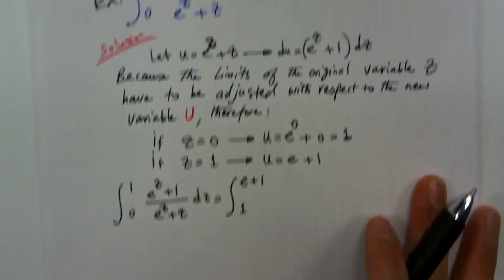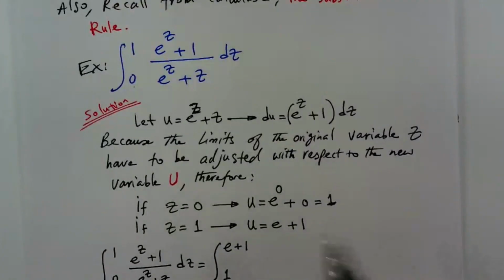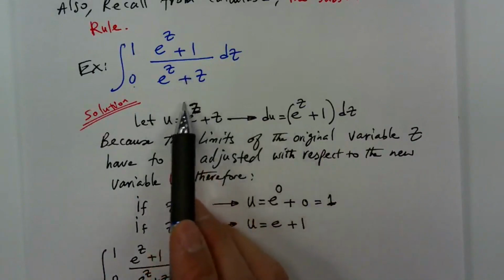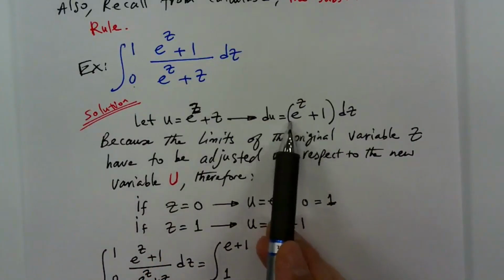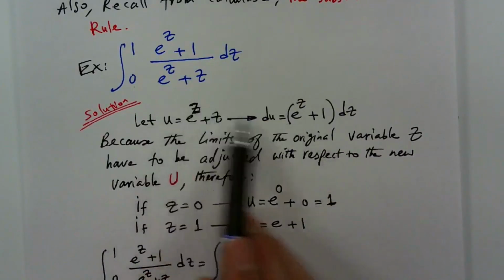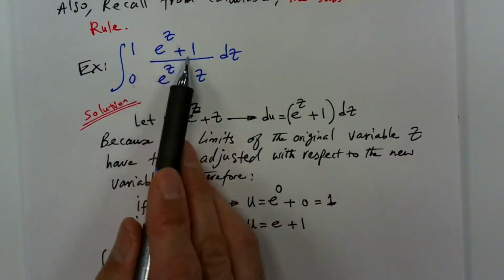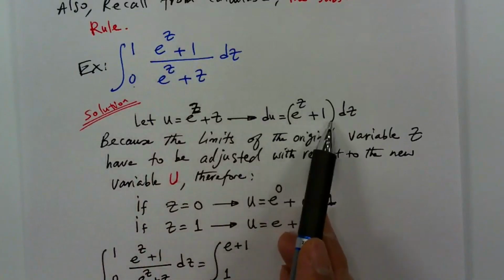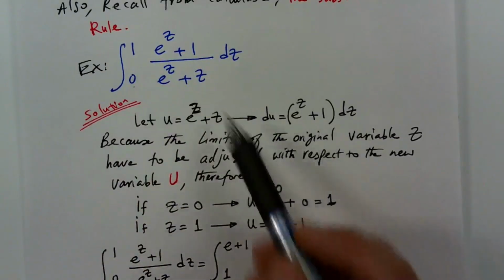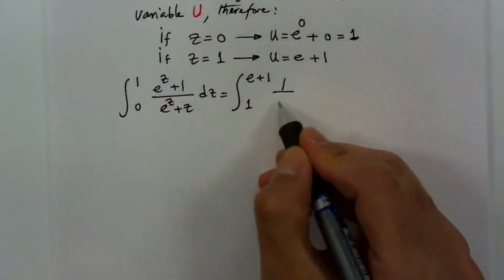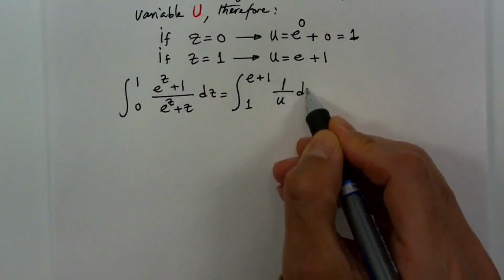We took u to be the denominator, and the derivative of that was the numerator, (e^z + 1) dz. That's du. So 1 over u du replaces all of that.